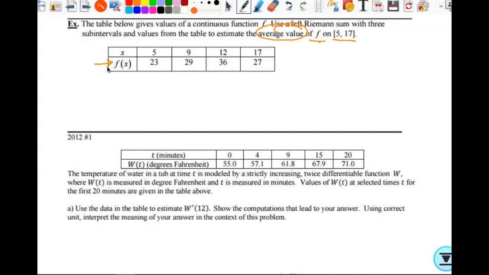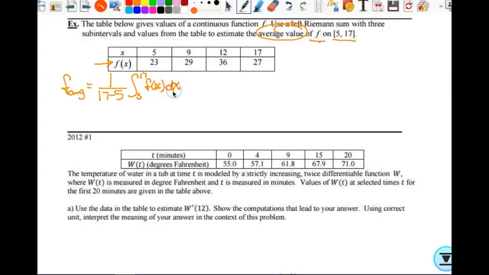So we can find the average value. F average is equal to 1 over the difference in the x's, so 17 minus 5. Okay. And then I'm going to integrate, so that's times the integral from 5 to 17 of f of x dx.